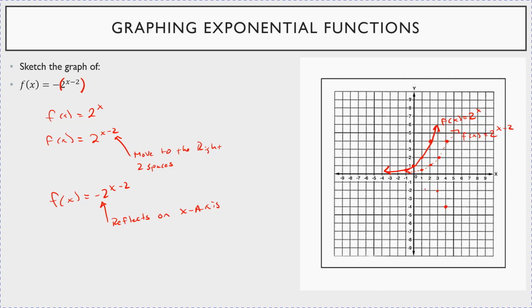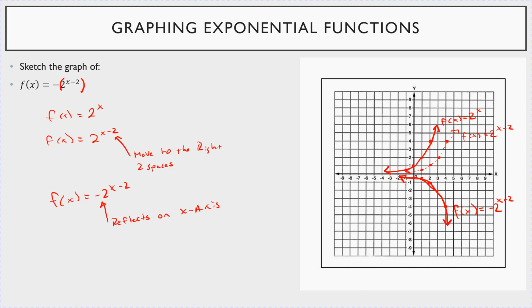This, instead of being positive 1, is negative 1. And so on. And you can see that this is the graph right here. So you're just following the transformations you should have learned in an algebra class.